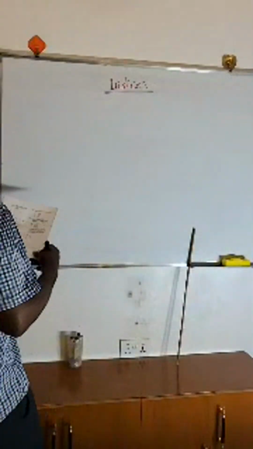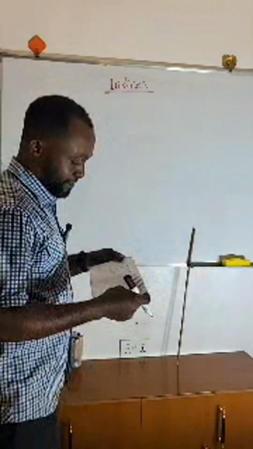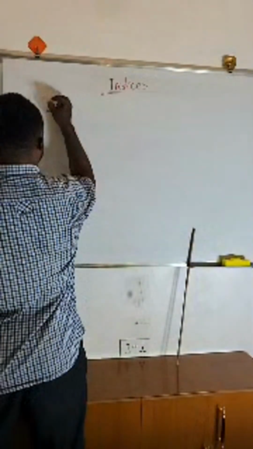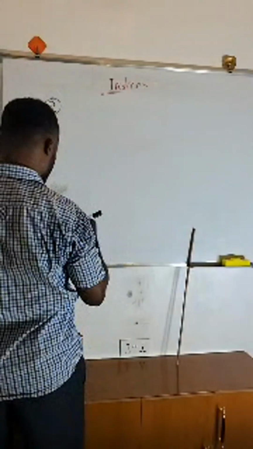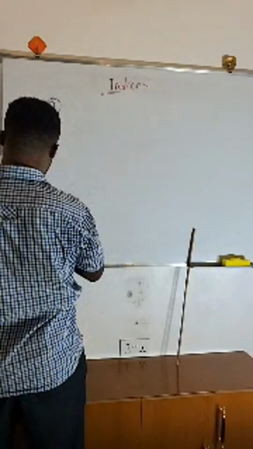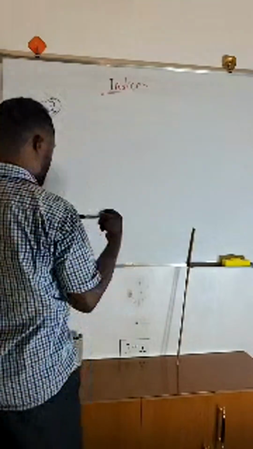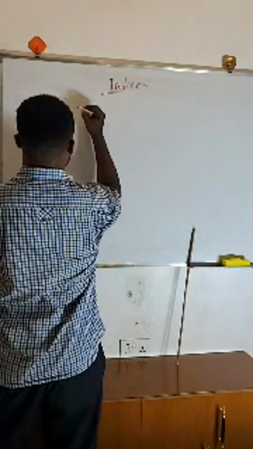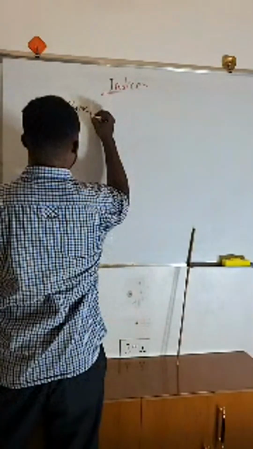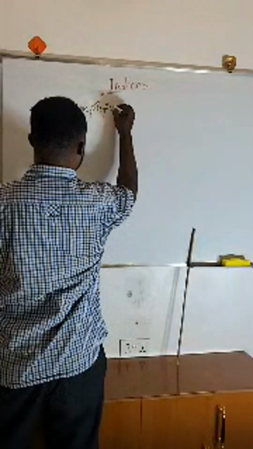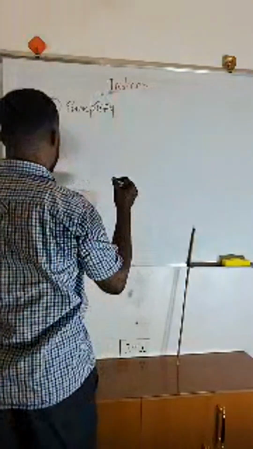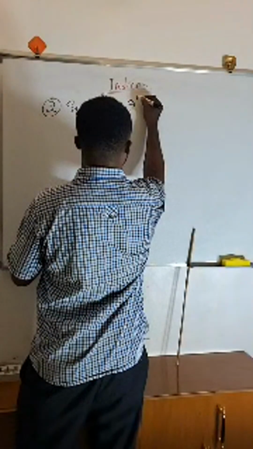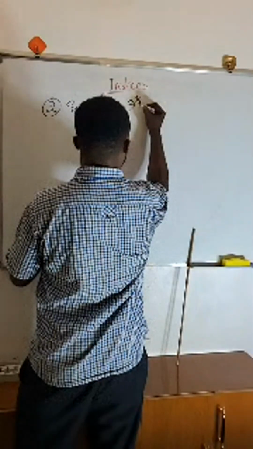All right. So this particular question says, simplify. Question number 2 that we solved today says, simplify 9 raised to the power of 1 over 4.